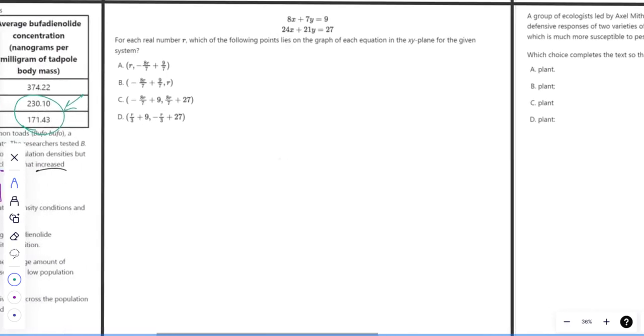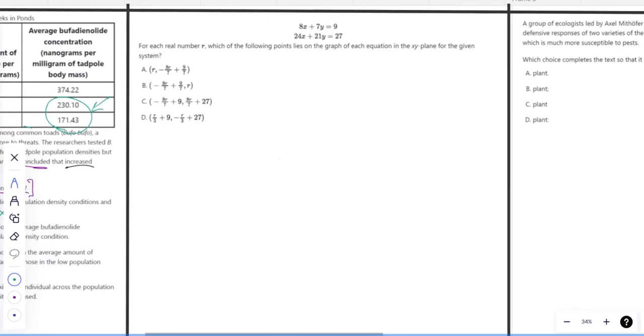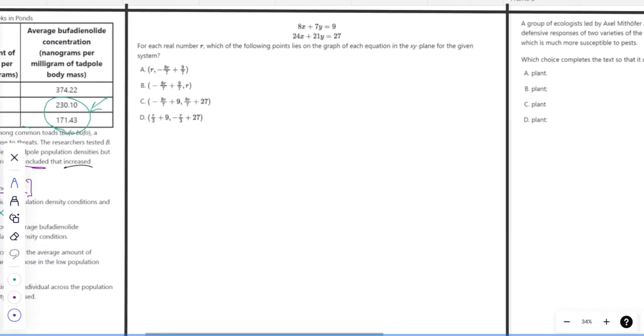It looks like a math problem. This one's saying for each real number r, which of the following points lies on the graph of each equation in the xy plane for the given system?